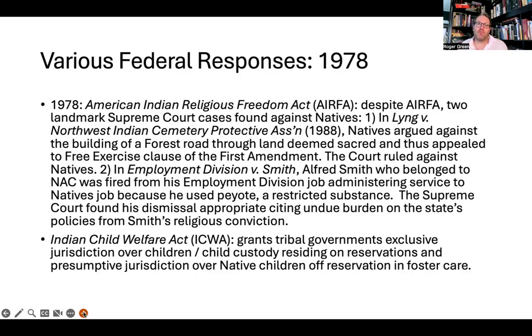So we want to be careful about saying, oh, well, this act was passed and it was such a great thing. And then the same thing with the Indian Child Welfare Act, although it was meant to protect Native children from being removed and adopted into non-Native families, which is a form of, under the Genocide Convention, a forced stealing or forced removal of children.